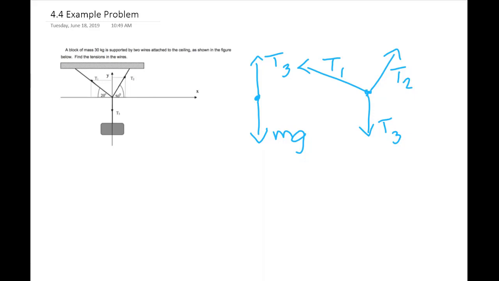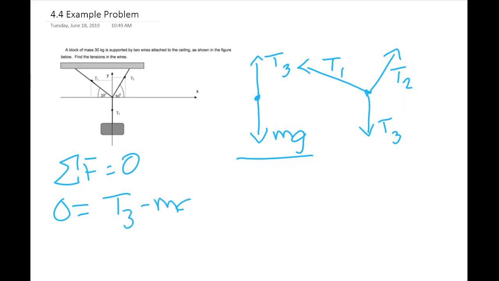So from here, I want to write a Newton's second law equation for all the different scenarios. I'm going to start with my first free body diagram. I'm going to say that the sum of the forces is equal to 0 because that is the definition of statics. So 0 is going to equal T3 minus mg, the weight of the block.